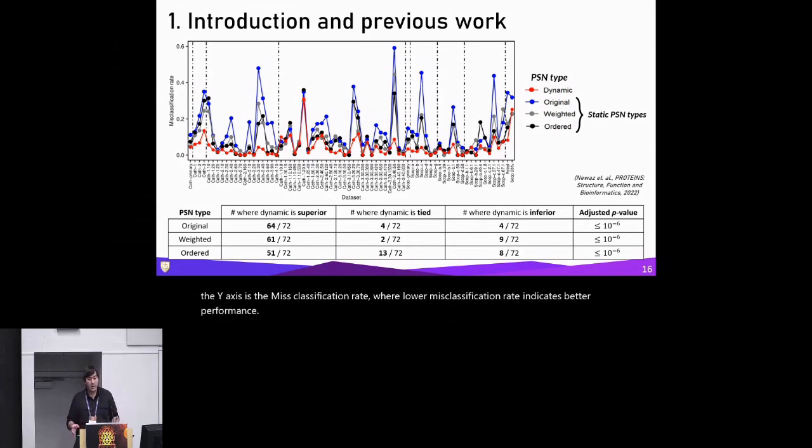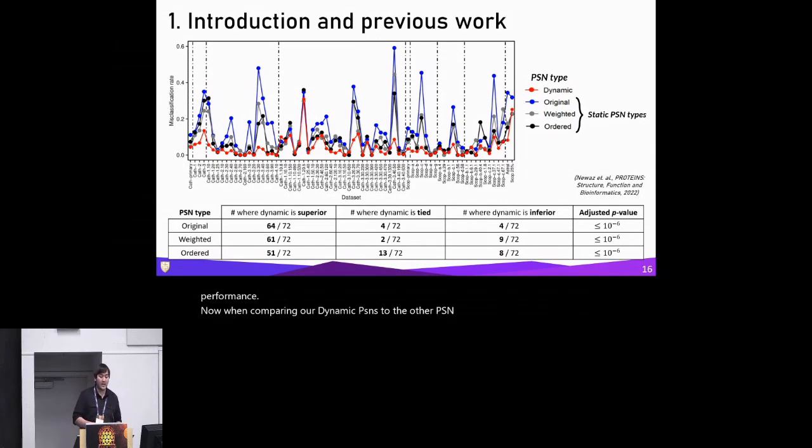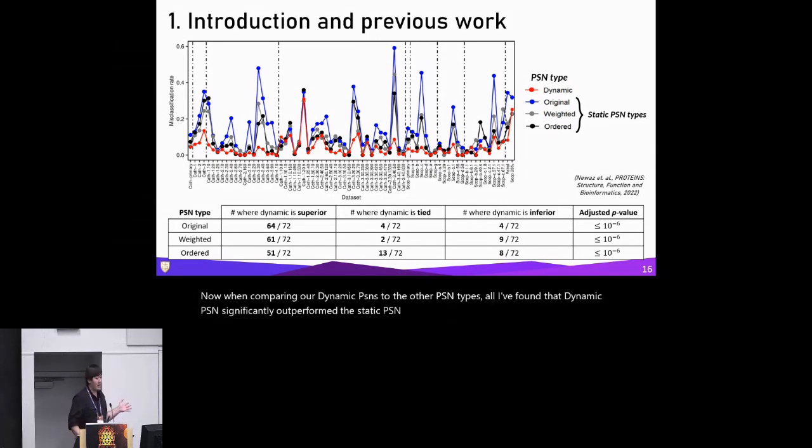Now, when comparing our dynamic PSNs to the other PSN types, our lab found that dynamic PSNs significantly outperformed the static PSN types in the majority of these data sets. So in other words, despite the dynamic PSN model only being constructed from the final static network, or the final native structure of the protein, these dynamic PSNs are performing quite well in the task of protein structure classification.